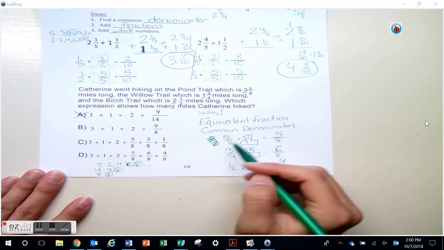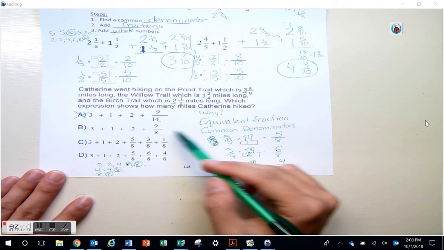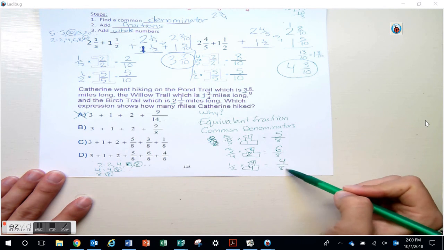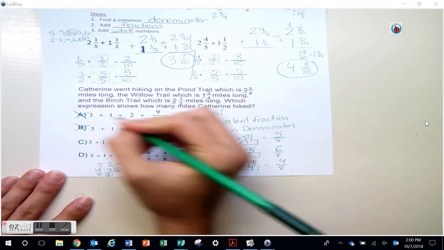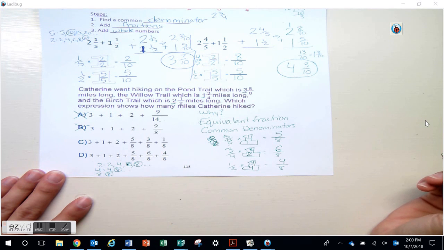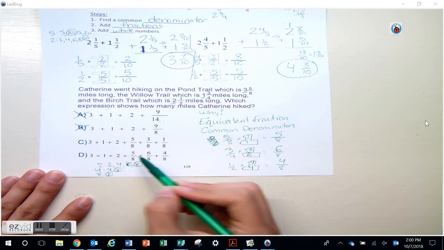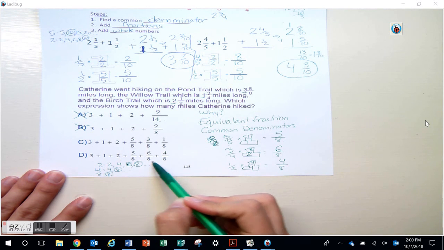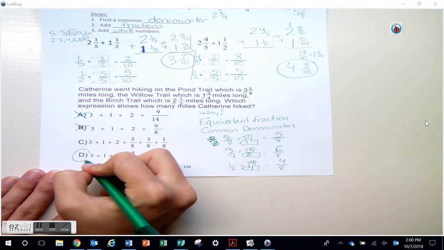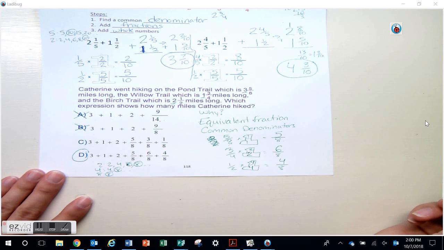So, which of these matches this? Let's see. 5/8 plus 4/8 gives me 9/8. So B cannot be it. Which of these is correct? Let's see, 5/8, 6/8. Well, this one has that, and this one has it as well, that 4/8.